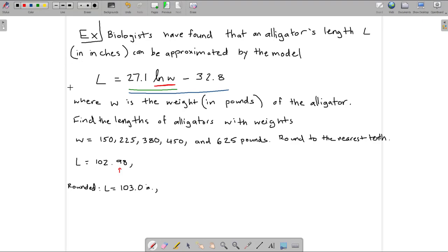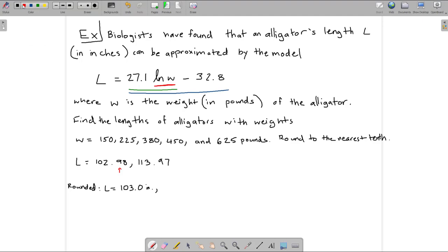So let's go ahead and try the second W. Again, we'll take ln first, ln of 225 now. Then we take that answer and multiply it by 27.1. And then we subtract the 32.8. And then I end up with 113.97.